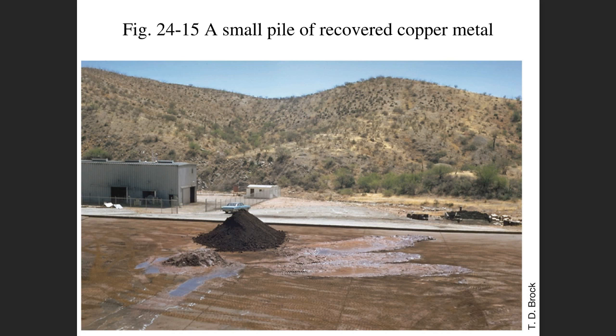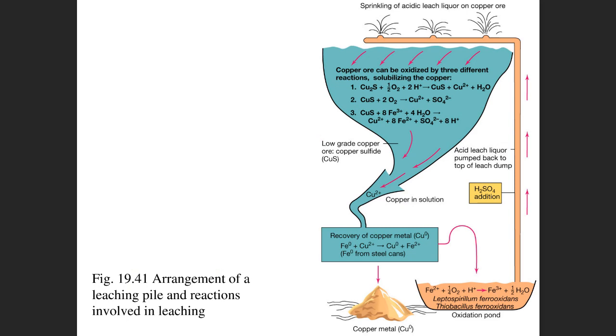That you can use to extract copper. So how does that actually work? What does the microbe do? If you start from that liquid, you want to pipe it in.